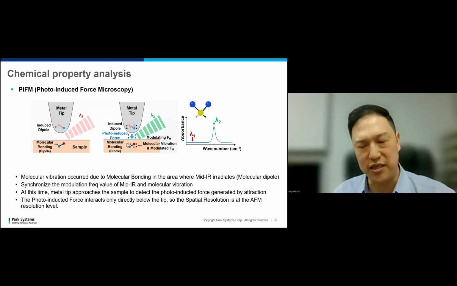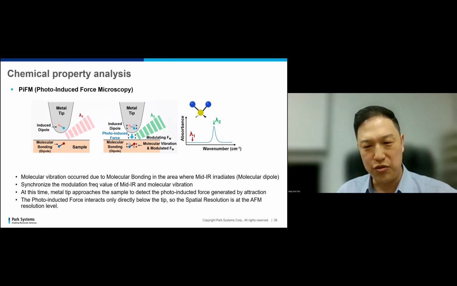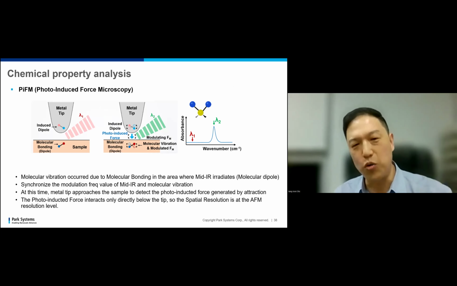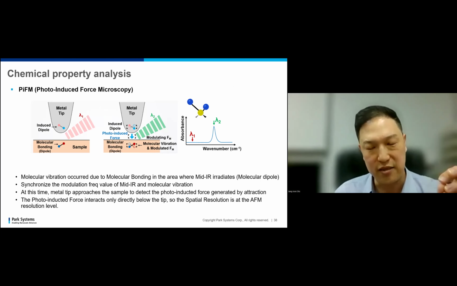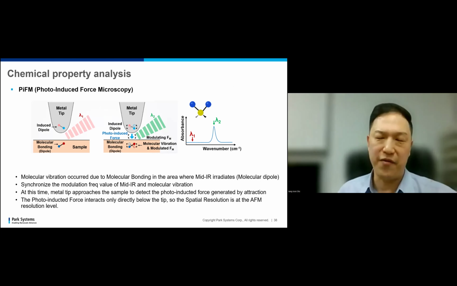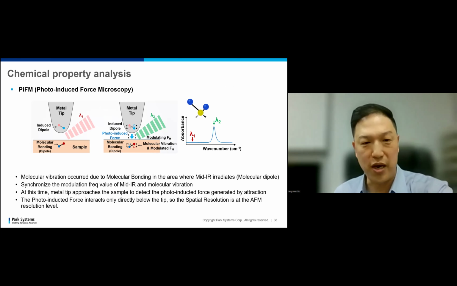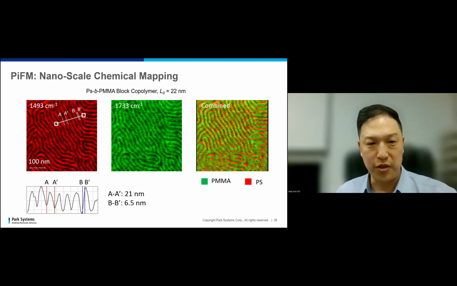People call it detecting a dipole movement, but I want to emphasize that this photo-induced force interacts only directly below the tip. So the spatial resolution we can acquire is at the AFM resolution level.